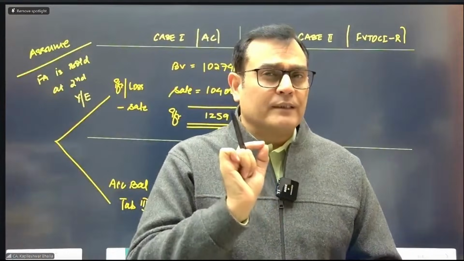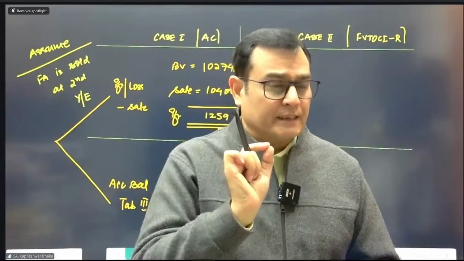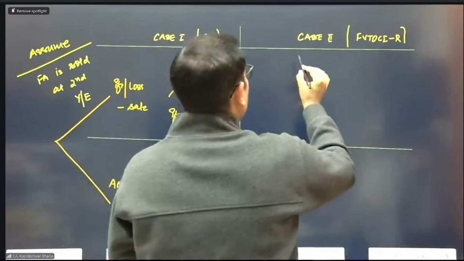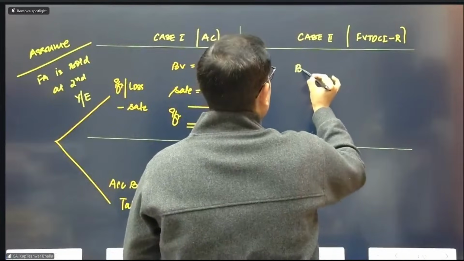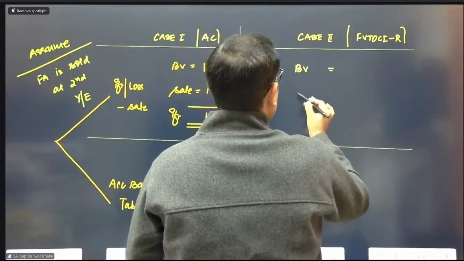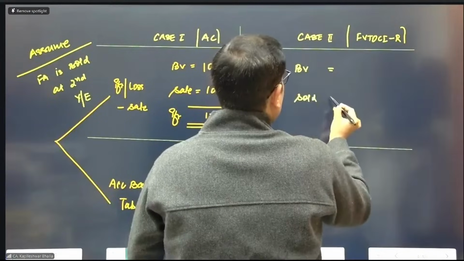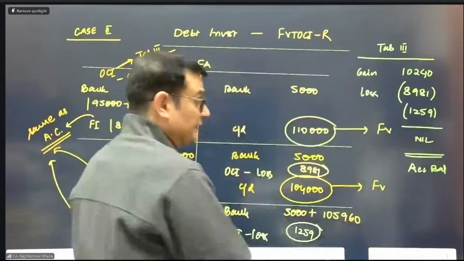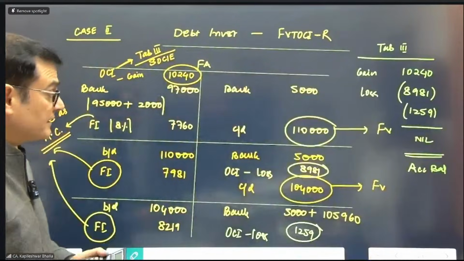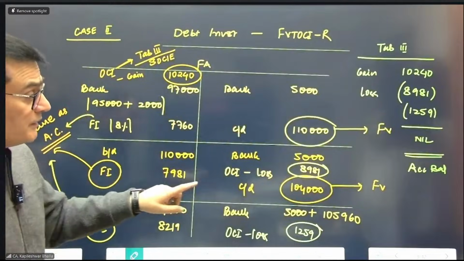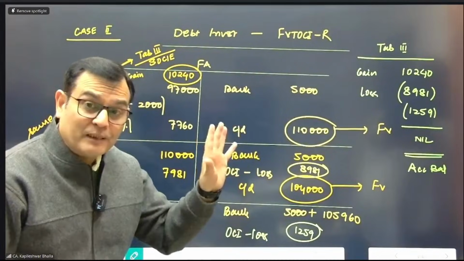Now let's go on to case 2. Before the second year sale, you need to consider what the book value of this investment is, and at what figure it is sold. Please watch this carefully. At the end of the second year, we take the effective balancing figure.